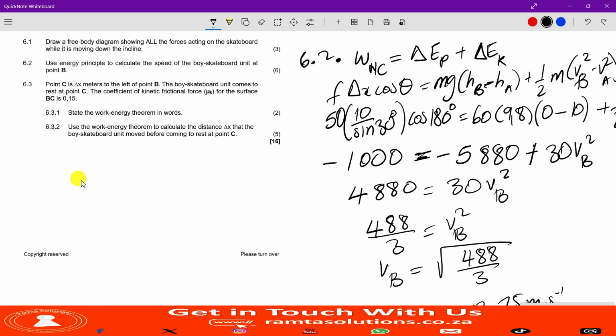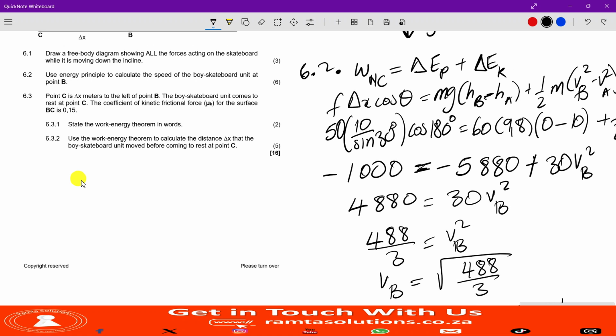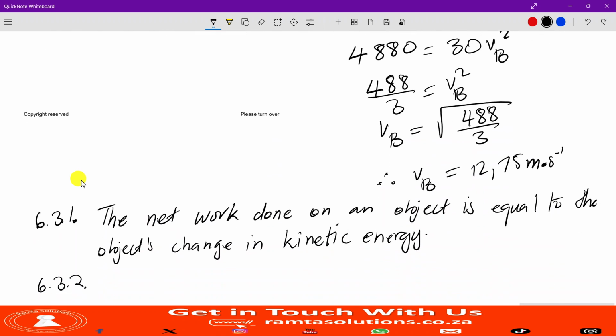Use the work energy theorem to calculate the distance delta x that the boy skateboard unit moved before coming to rest. So here, what do we have? We have the final velocity, which is 0, and we have the initial speed, which we calculated as 12.75.